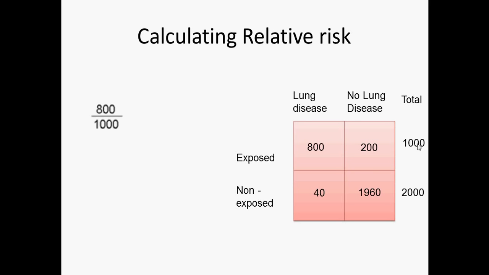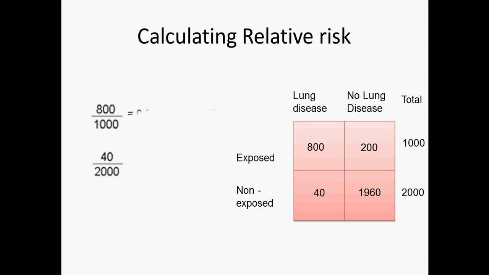So it is 800 over 1000, and the incidence of the disease amongst all those who are not exposed is 40 over 2000. So we got the incidence of lung disease in the two groups, the exposed group and the not exposed group.